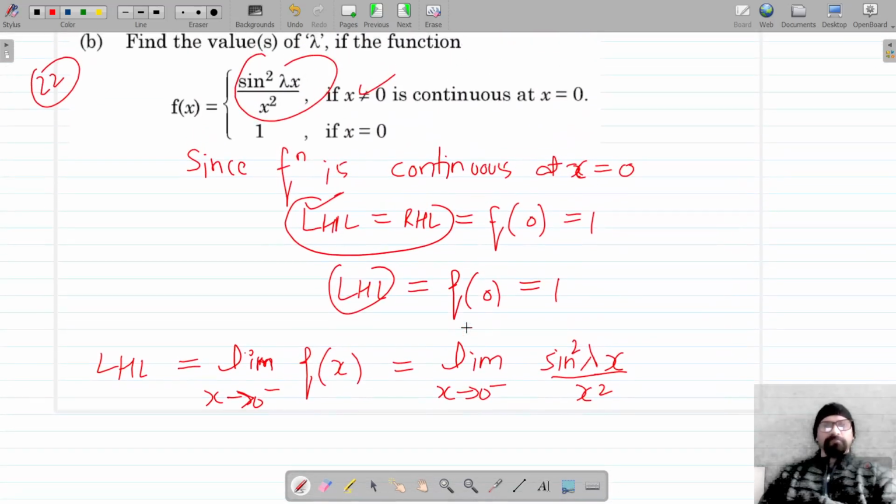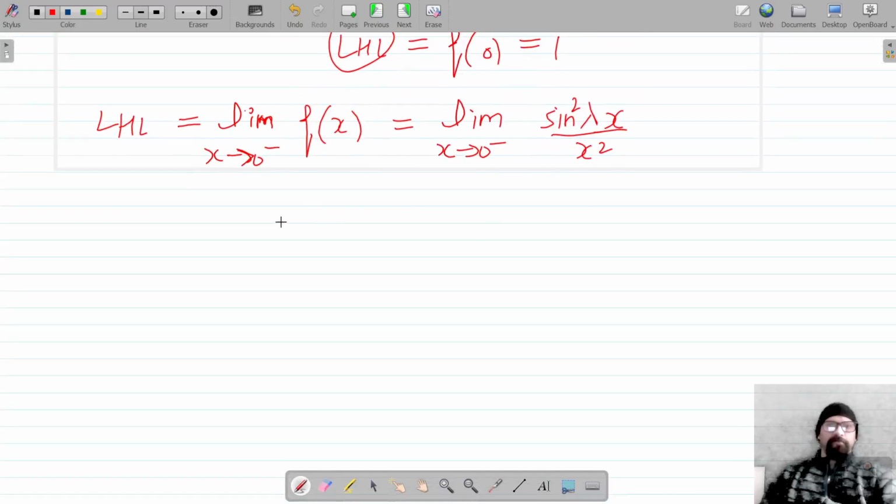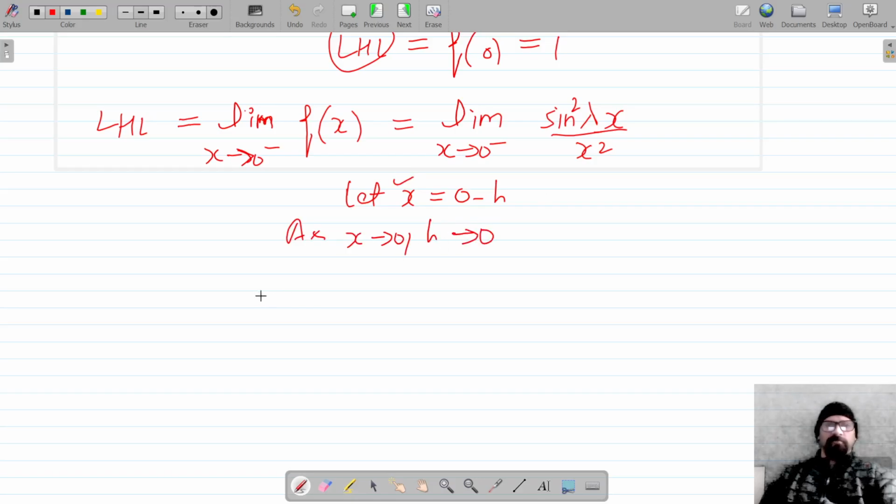Okay, so let's try to solve this. We have to evaluate the left hand limit, and for that let's substitute. Let x be 0 minus h, with h a small value greater than 0. Now we know that as x tends to 0, h tends to 0. So let's replace the value here.